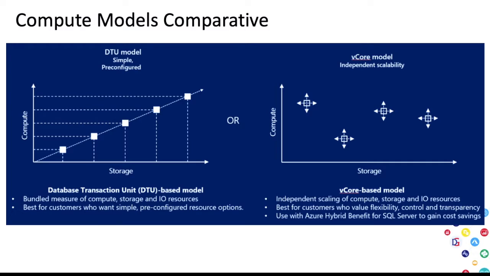In comparison, on the left side you can see the DTU model and the vCore model, which is independent and scalable, independent for scalability and IO resources, and best for customers to gain value. This model is what is used for Azure Hybrid Benefit, and it is the way we see the cost savings for Azure SQL.